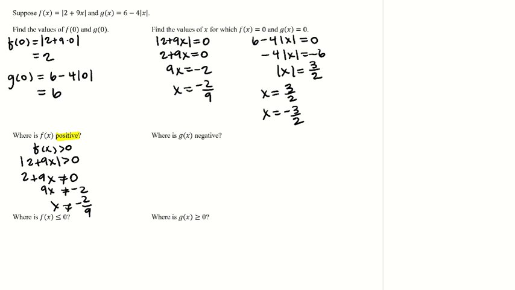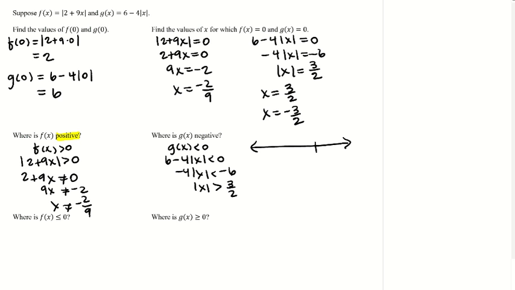If they ask where g of x is negative, okay, negative means less than 0, so g of x is less than 0. 6 minus 4 absolute value x is less than 0, so negative 4 absolute value x is less than negative 6. I'll divide by negative 4, and I'll get absolute value of x is greater than 3/2. We got to reverse the direction of the inequality because I divided by a negative number.